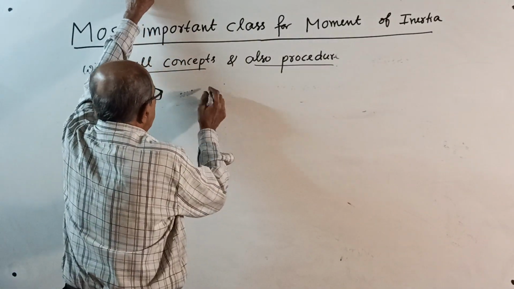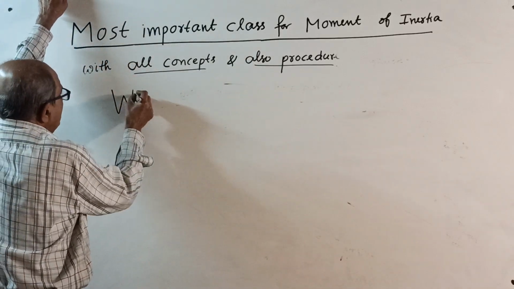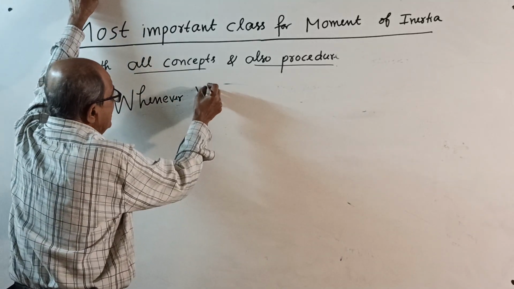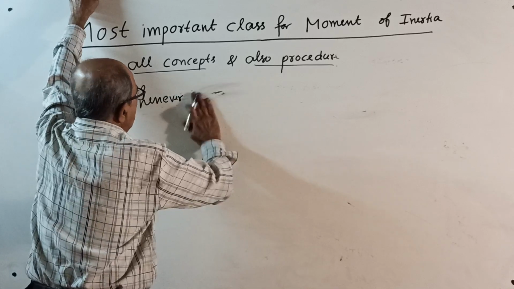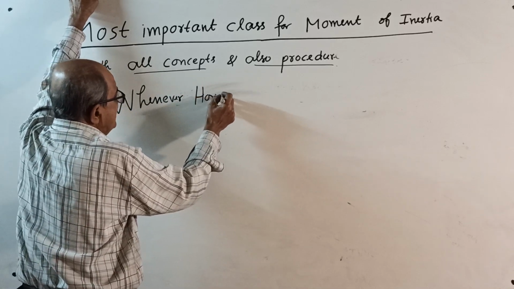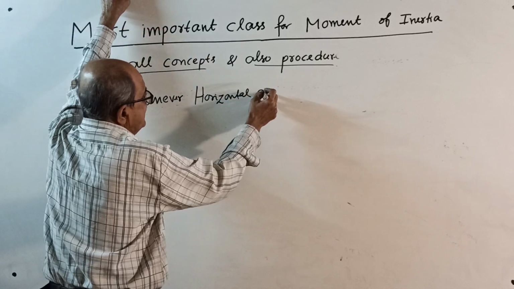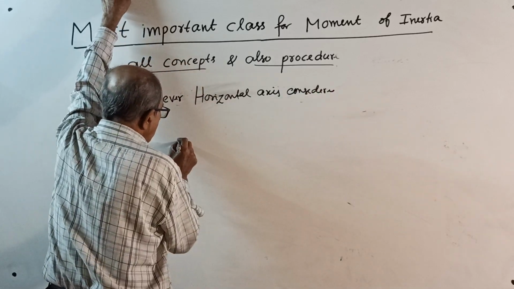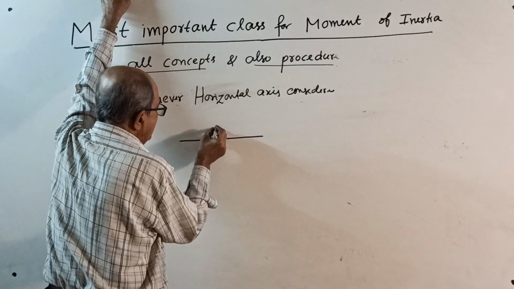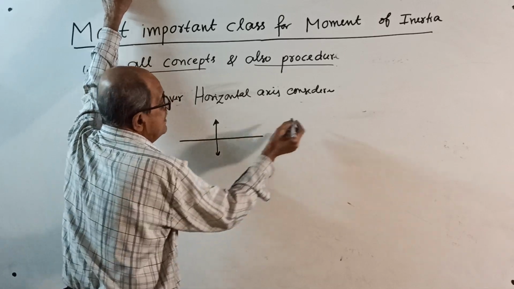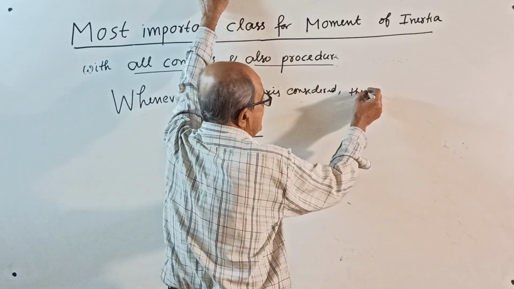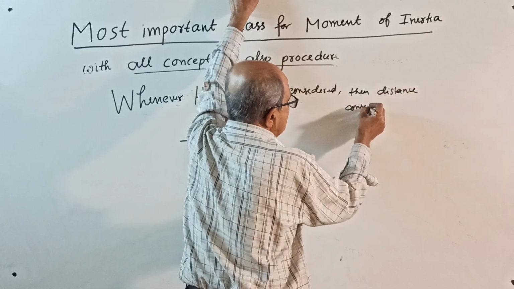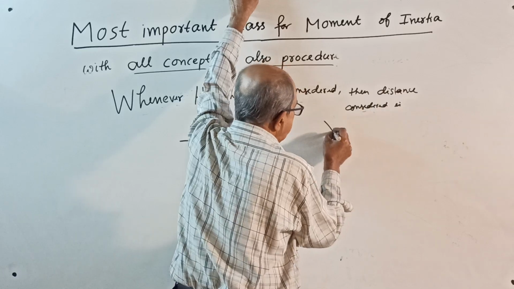Whenever a horizontal axis is considered, the distance considered is vertical.